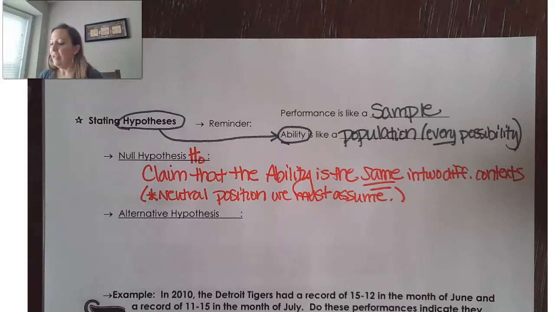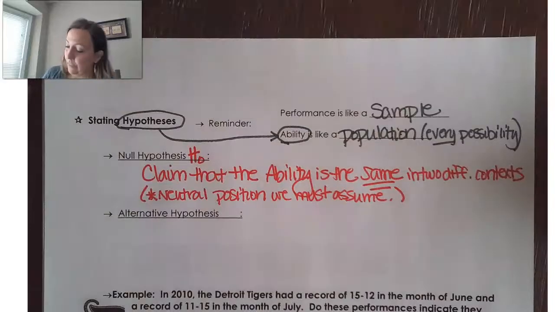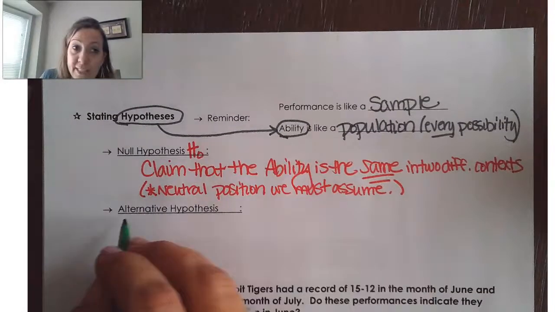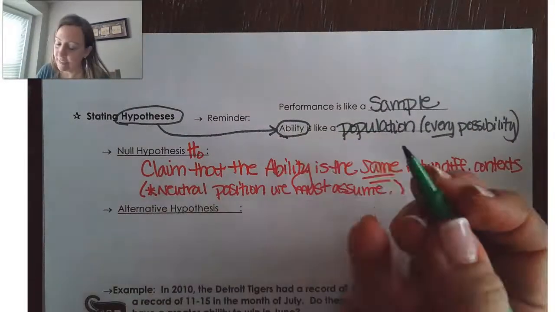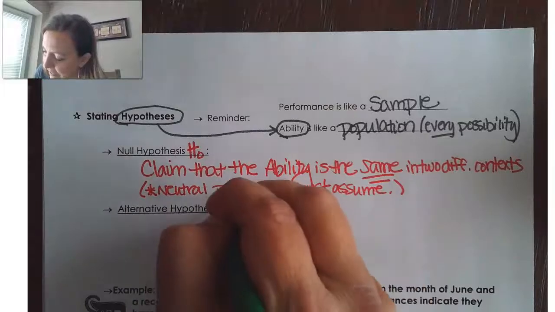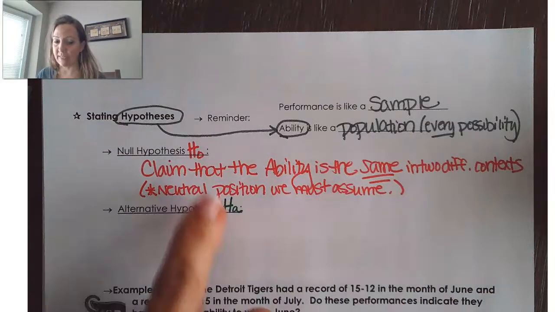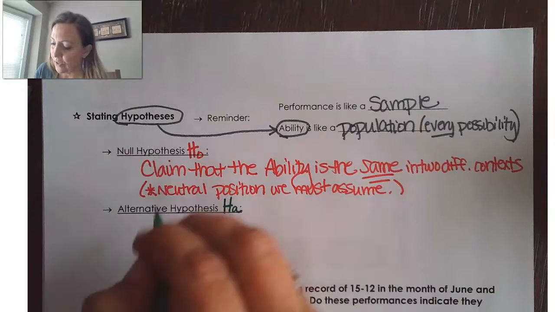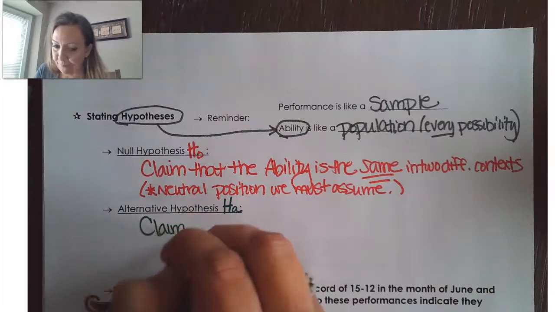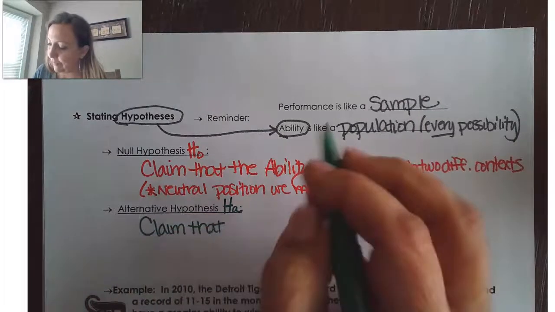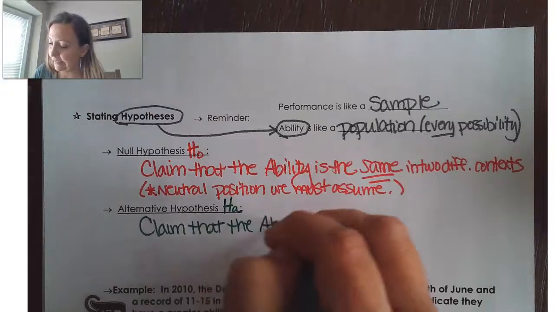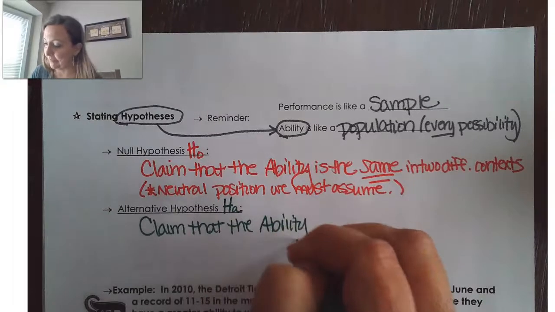Okay. The other hypothesis that we're going to consider is the alternate hypothesis or alternative hypothesis, and we call that H sub A. Okay, so H sub 0 and H sub A. So this is the claim that the ability is different, okay?